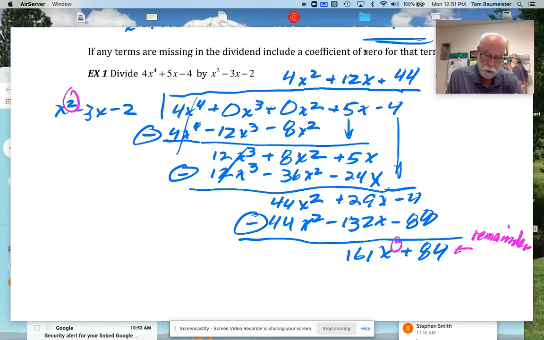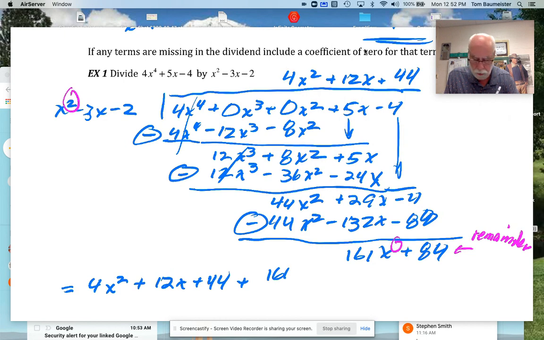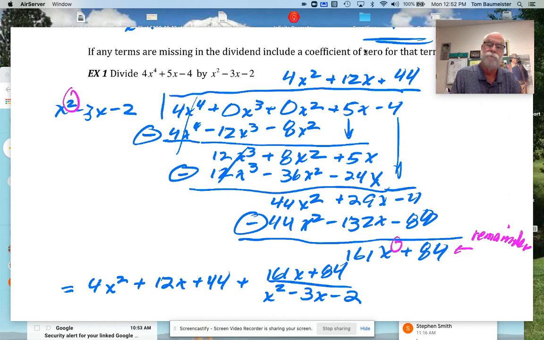So our answer on this one here is 4x squared plus 12x plus 44. That's our quotient. And we put the remainder over our divisor, which is x squared minus 3x minus 2. It's that easy, ladies and gentlemen.